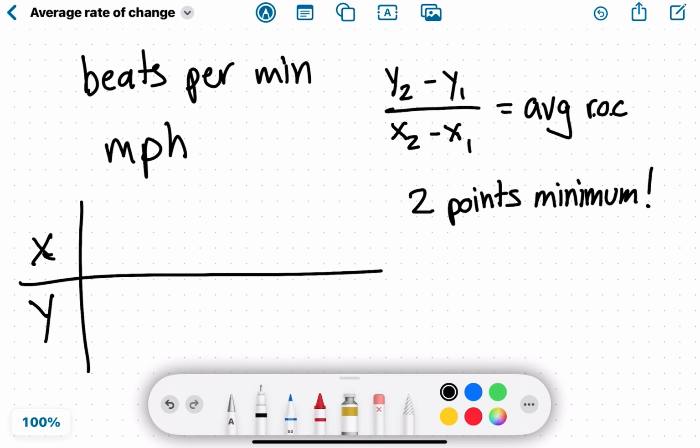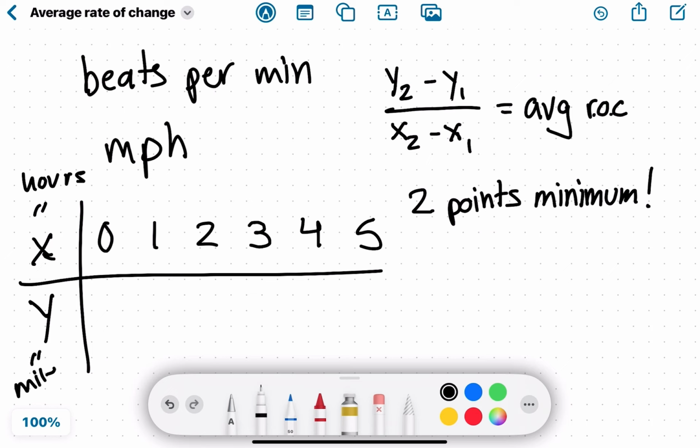So let's say we have 0, 1, 2, 3, 4, 5, and well, it is over hours, so let's put x as hours and y is miles. Okay, let's say we have 0 miles at 0 hours. Makes sense. When the car isn't driving, it doesn't move.